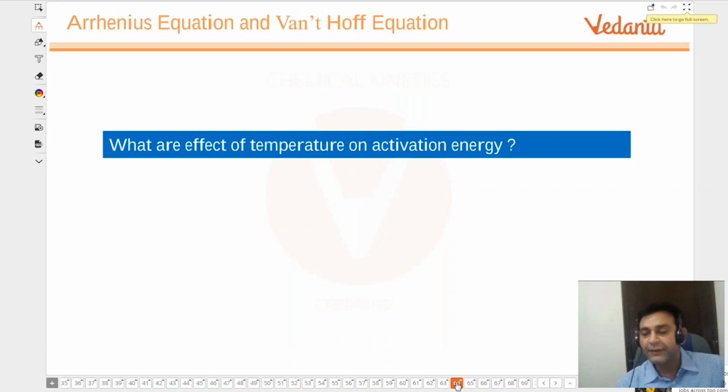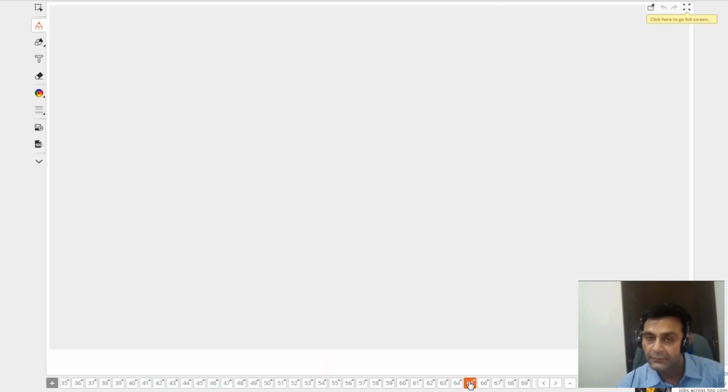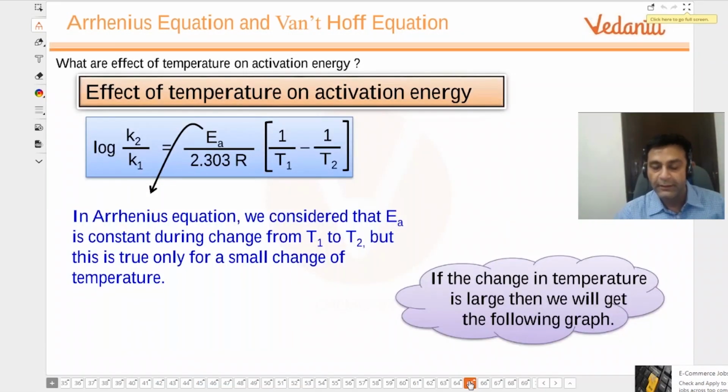Now, what is the effect of temperature on the activation energy? Can you tell me, will the temperature affect the activation energy? No. It is the same. It remains the same for a particular reaction. Only what we do with rise in temperature is provide the activation energy and make the reaction happen.